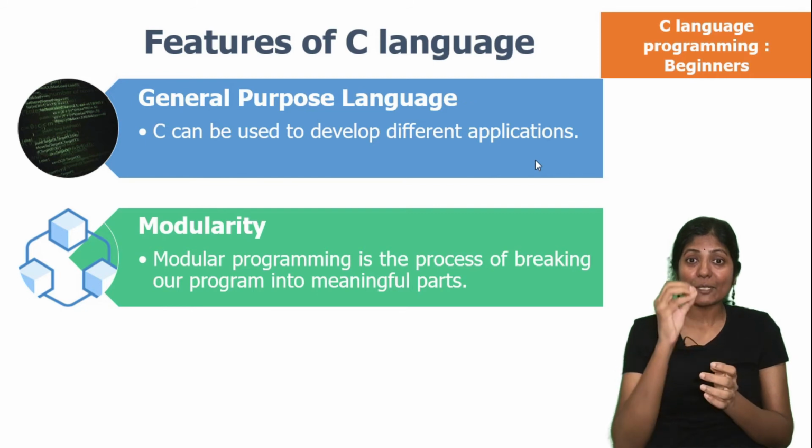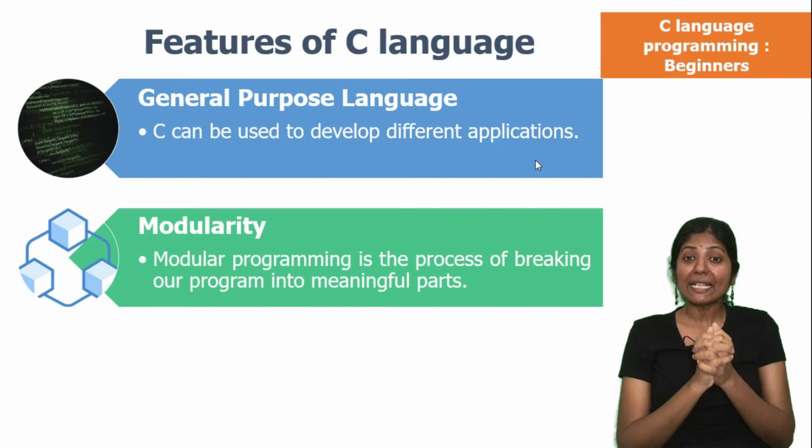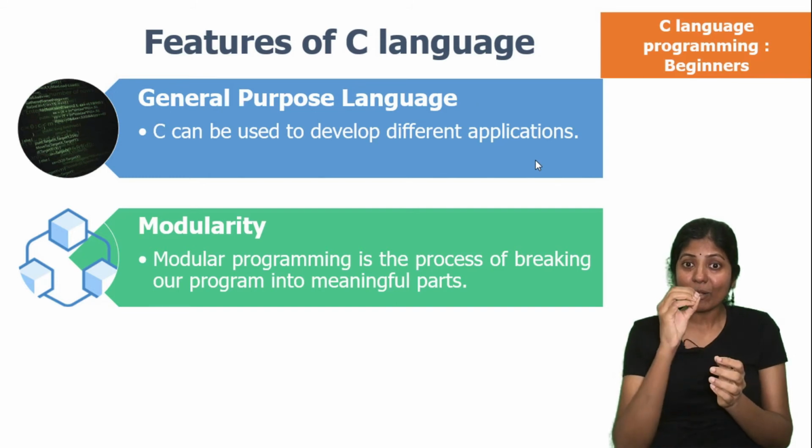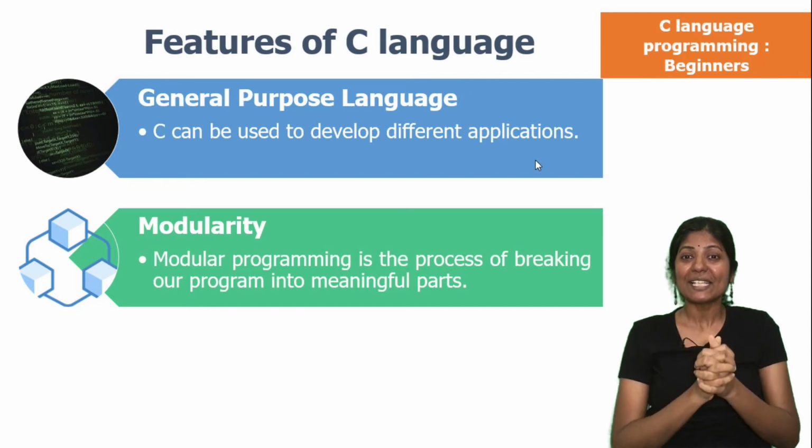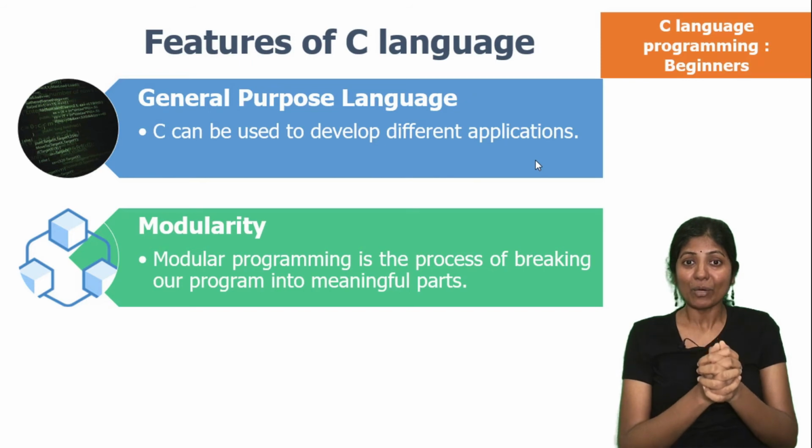We will develop these small parts, then we will combine them together to solve the big problem. That is called modularity. To understand modularity better, let's see a small example.